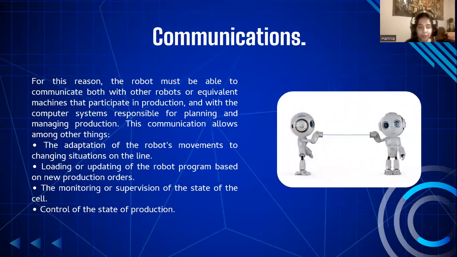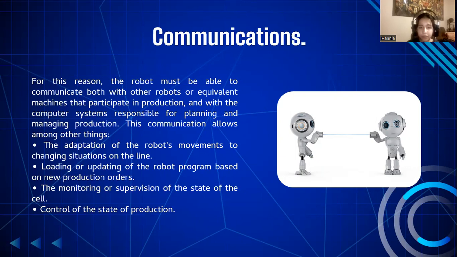Communications. There are different types of communication and ways to communicate a robot. It can be with a sensor, programs, or it can be between two robots. It must be able to communicate both with other robots or equivalent machines that participate in production, and with a computer system responsible for planning and managing production.